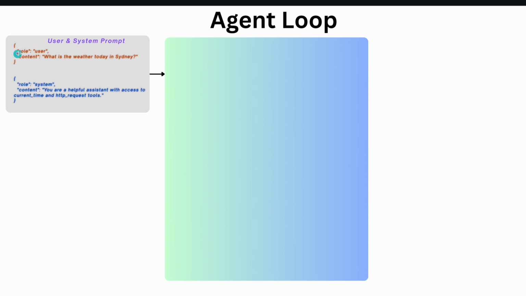So we are generating a prompt with the role user, and the content is what is the weather today in Sydney. We're also passing a system prompt in which we are telling it that it's a helpful assistant with access to the current time and HTTP request tools, and that is fed as an input to the agent loop.